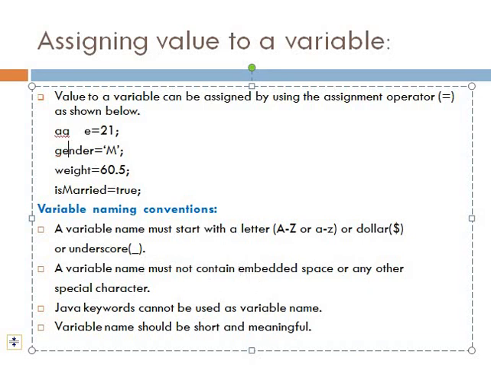So don't put special characters like this. This is not acceptable. This is also not acceptable, okay. Obviously you can put a dollar symbol or an underscore at the beginning. This is acceptable, so remember this.